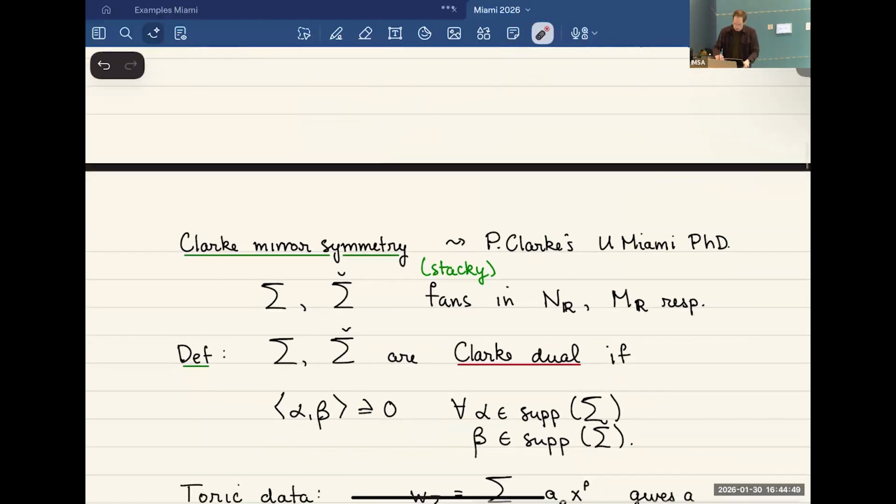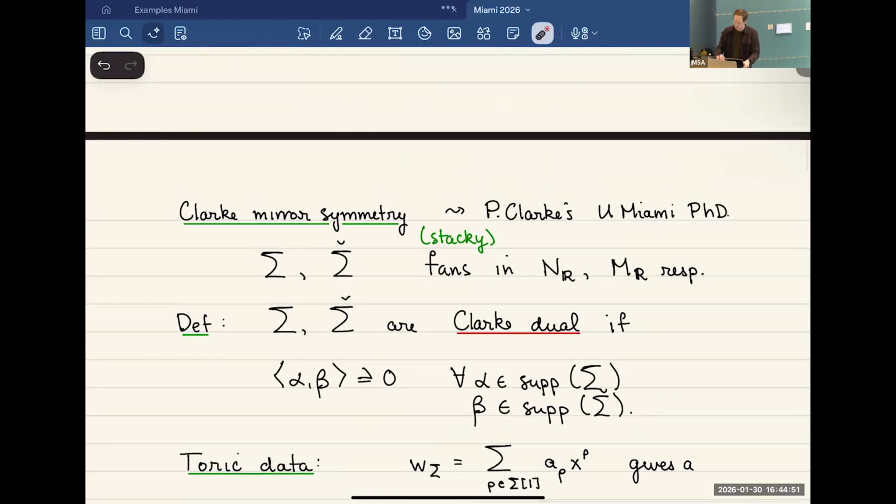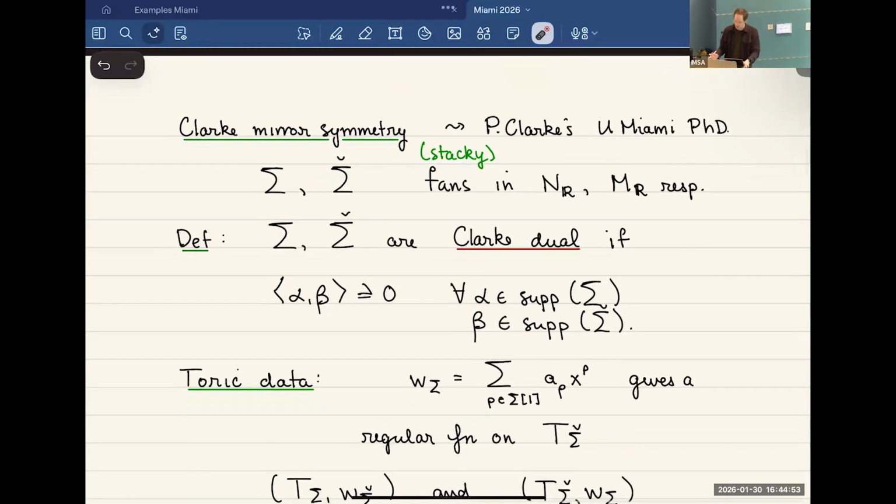Okay, so we have these Hodge numbers, and so maybe I'll talk about a more general mirror construction. This is a construction that was, I guess, introduced by Patrick Clarke. It's a very broad general construction. It's in his PhD thesis from, I think, 2008, or that's when the paper appeared at least.